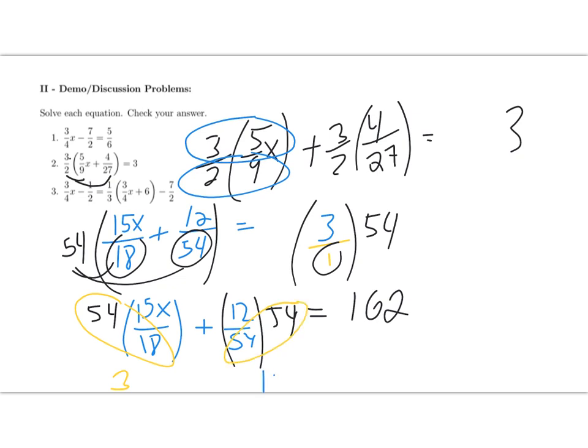Times 12 makes 12. So now we have a nice two-step linear equation. 45x plus 12 equals 162. From here you should be able to solve this. Subtract 12 from both sides, divide by 45, and you'll have x isolated by itself.